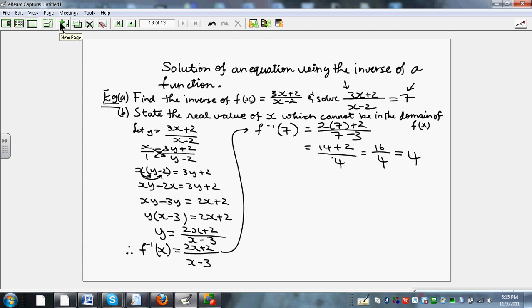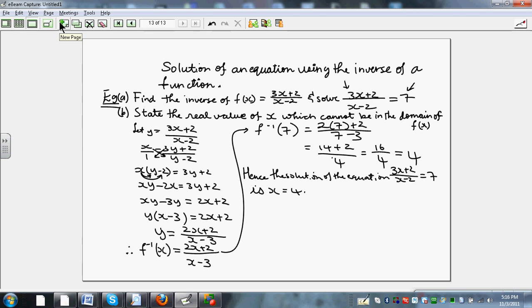So what we're saying is the solution of (3x plus 2) over (x minus 2) equal to 7 is 4. Right? So you write, hence, the solution that we're looking for is x equal to 4.